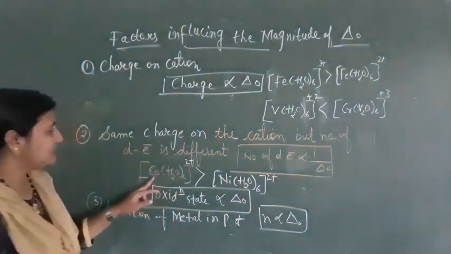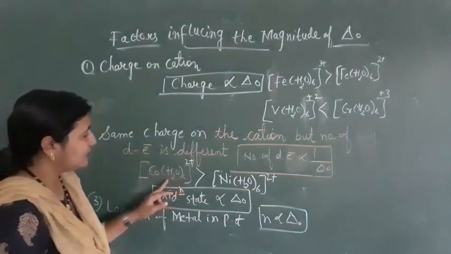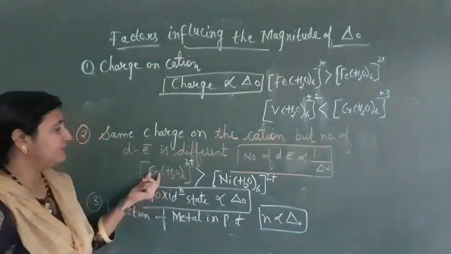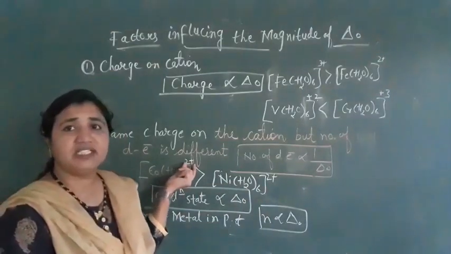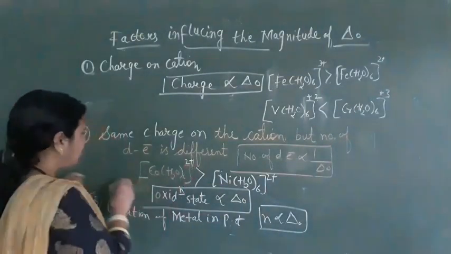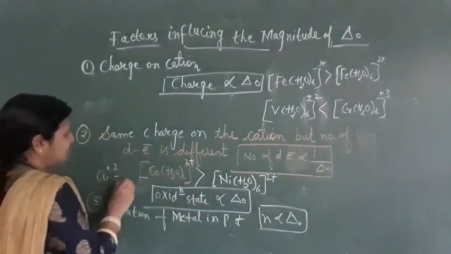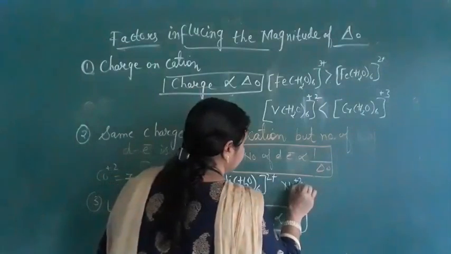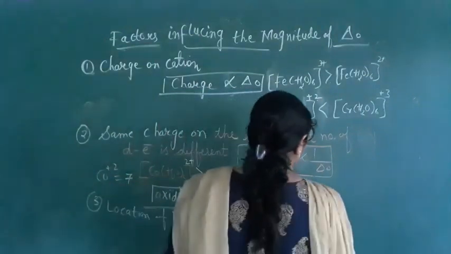Example: hexaaqua cobalt 2+ and nickel 2+. Cobalt plus 2 means 7 electrons, and nickel plus 2 means how many electrons?